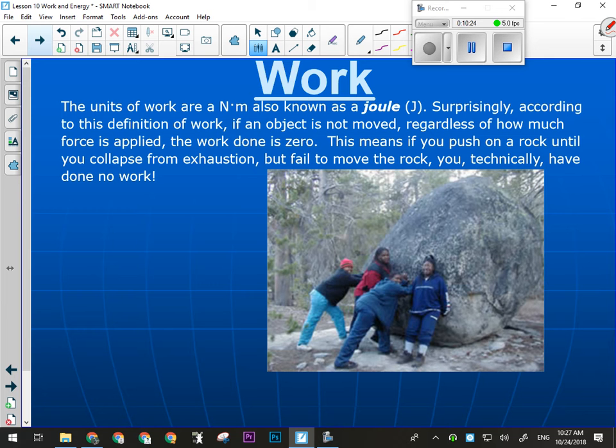Okay, so the units for work, remember the formula for work is force times distance. So that means newtons times meters. So the units for work are a Newton meter, otherwise known as a joule. All right, so a Newton meter is a joule. In other words, it is a kilogram meter squared per second squared.